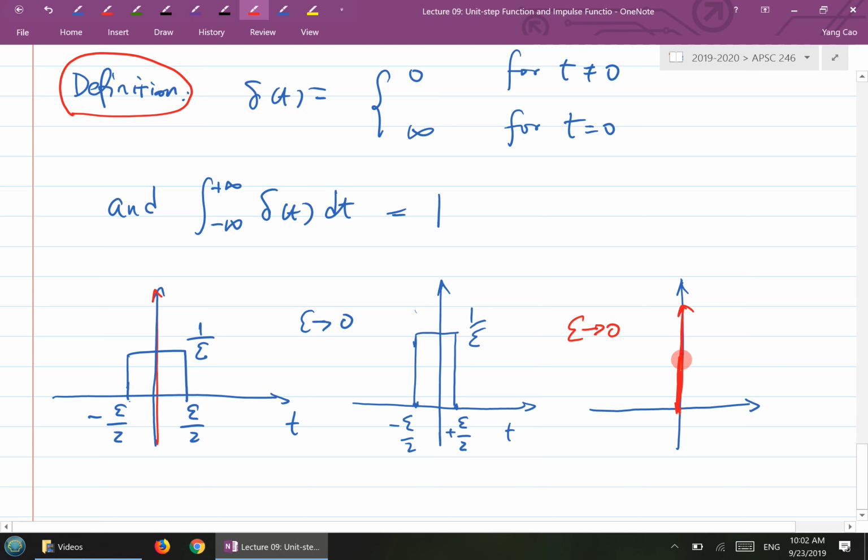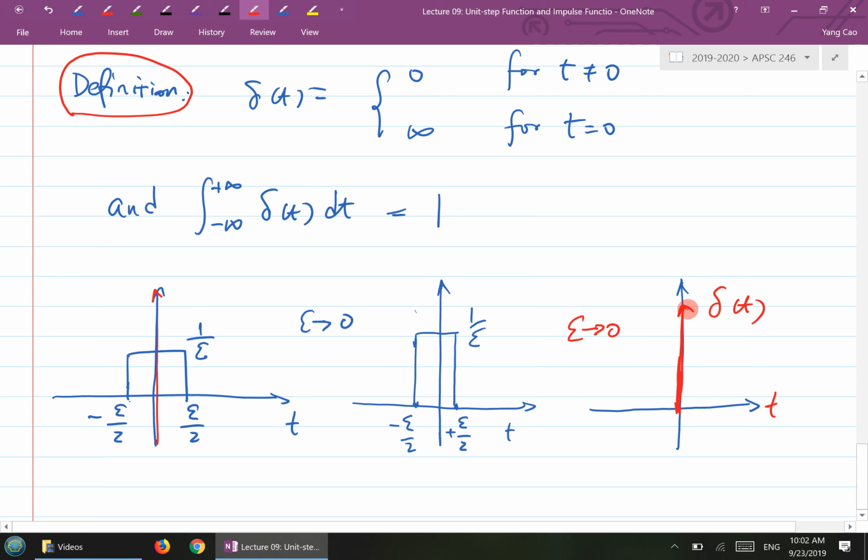And this arrow right here is basically the definition of the impulse function. So when we see the impulse function, you can write it down like this, or you could just draw a red arrow at t equal to 0, pointing up, indicating infinite upwards.